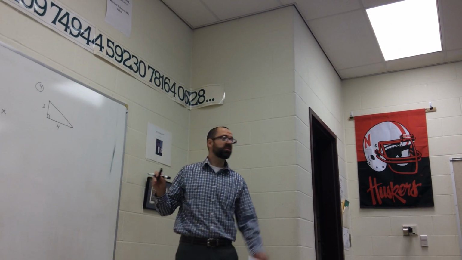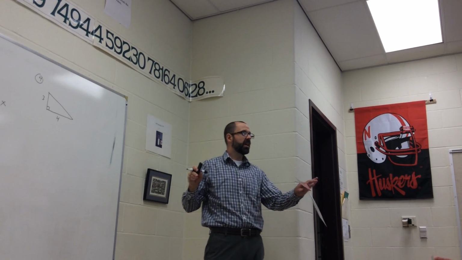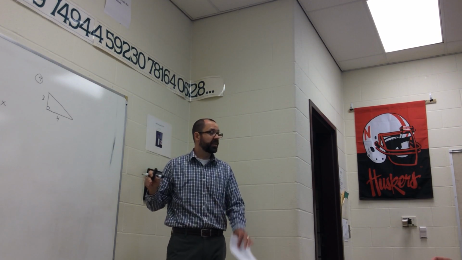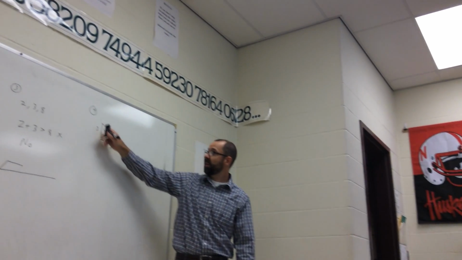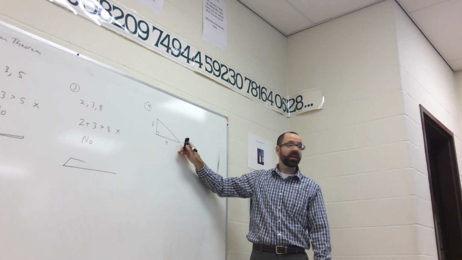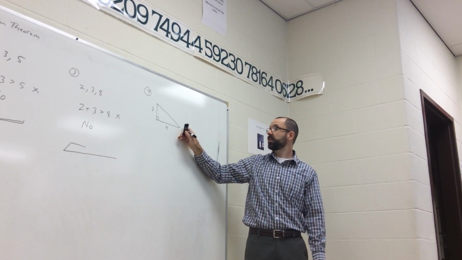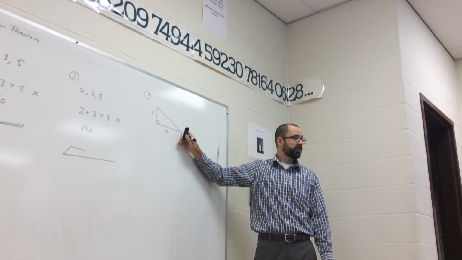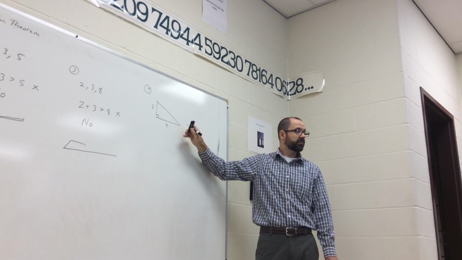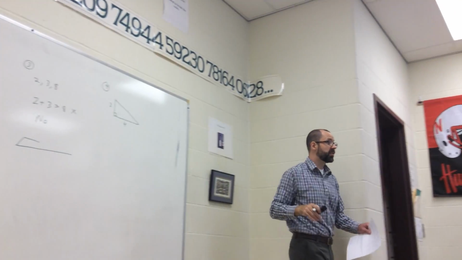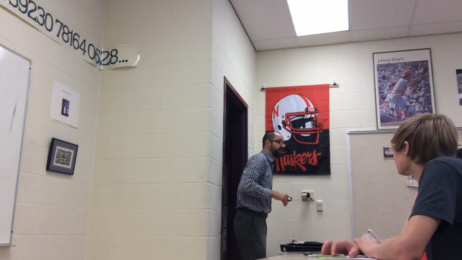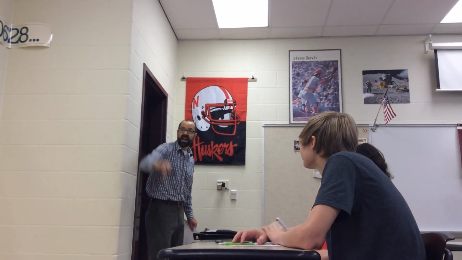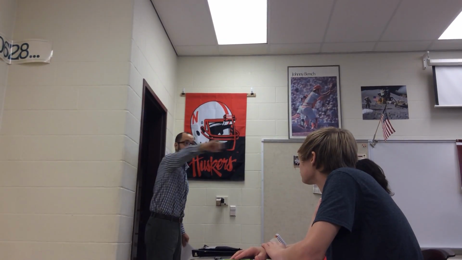It turns out it's a little shorter than 7. And the reason why is if you go this way and then that way, it's going to be shorter to go directly there. Like let's say I'm in the room and I start here and I go to that corner and then I go to that corner.